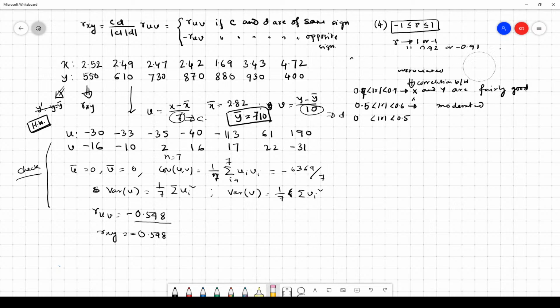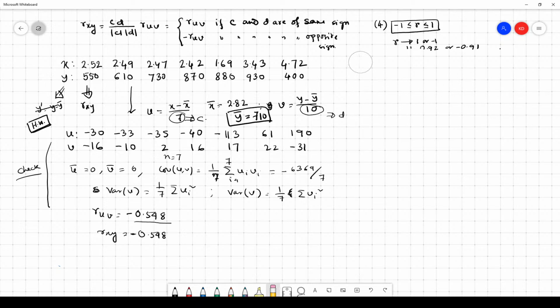Sorry, these are all thumb rules actually. If R lies between 0.9 and 1, or minus 1 and minus 0.9, you can take the equality sign here, and here it is strictly less than.